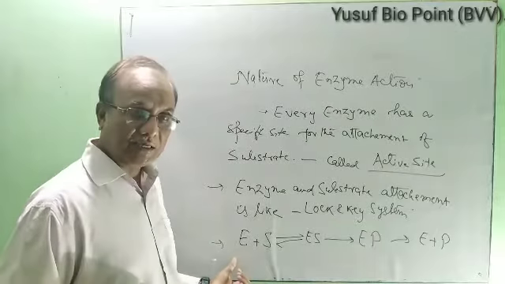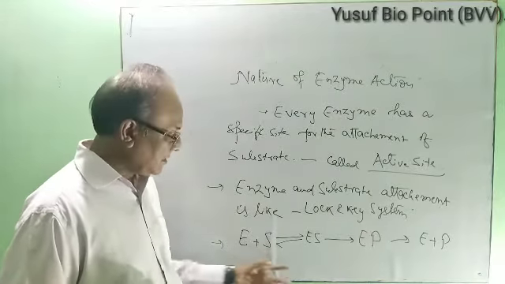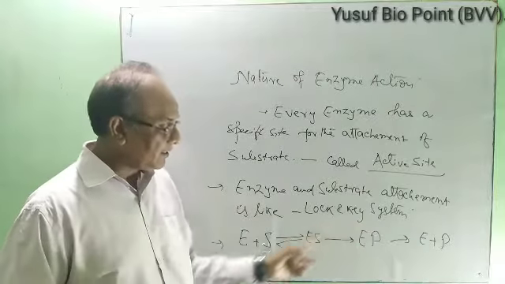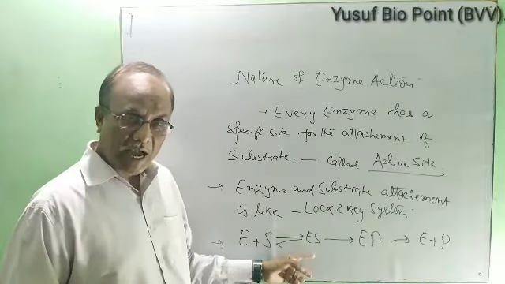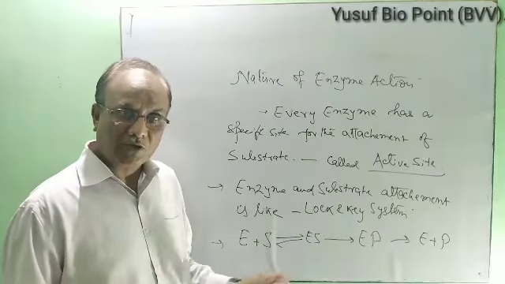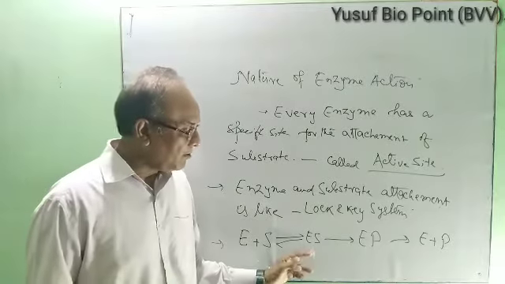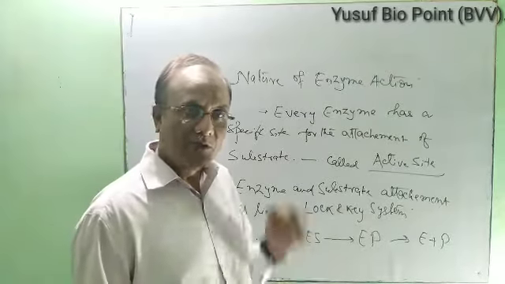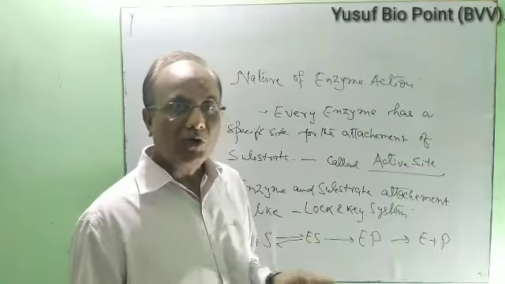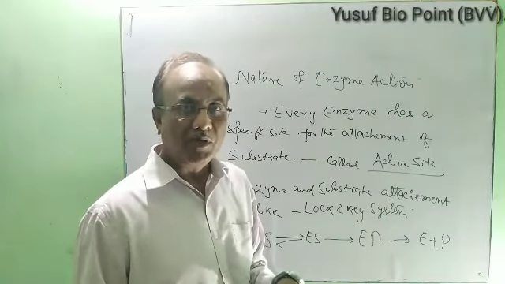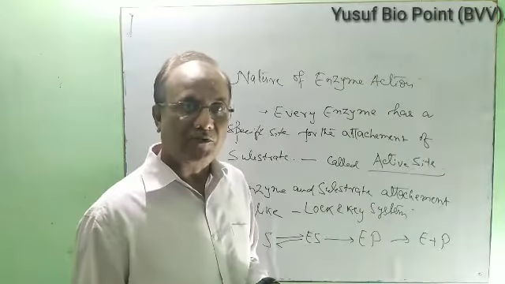First the enzyme combines with the substrate like lock and key, and the enzyme-substrate complex is formed, and that is temporary, not permanent. That is for the time being. Now the bond of the substrate will break down and the new bond of the product will form. By the formation of the new bond, the new product is formed.